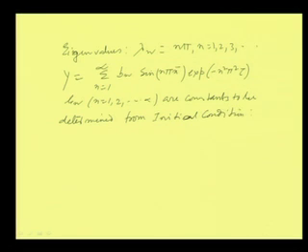Now, if we see the initial condition, IC, we have already seen that at tau equal to 0, y equals 1 for all x. What does it mean?